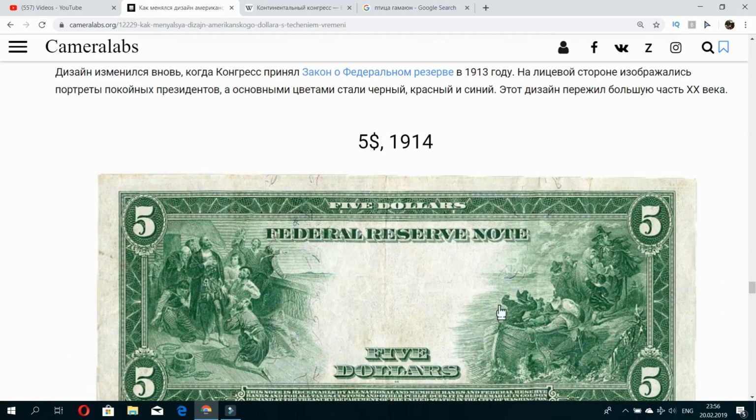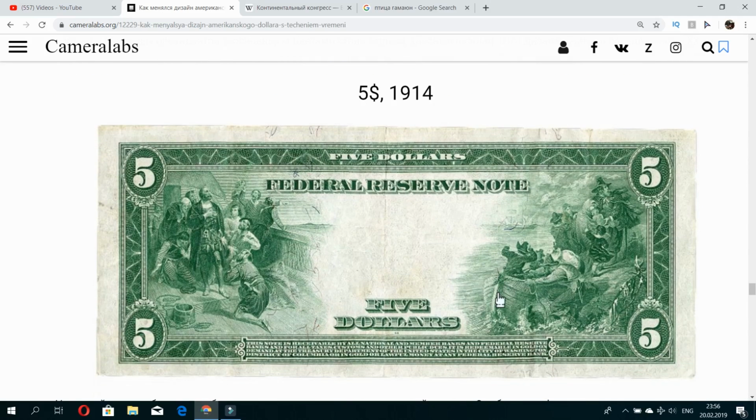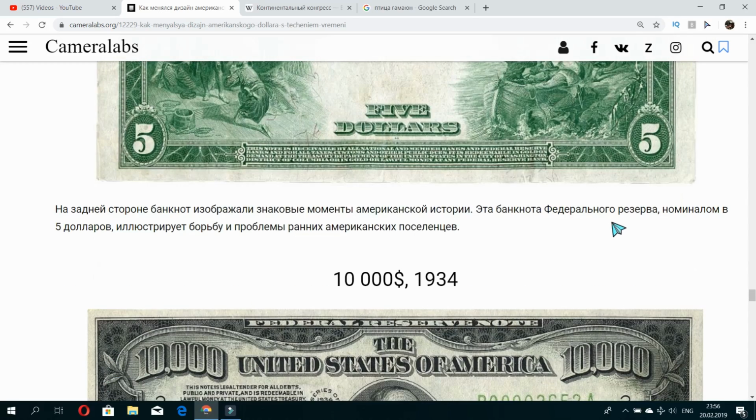So the $5 of 1914, also a Federal Reserve note. So no more antique design, right? We see some type of sailors who don't look antique. They look like they have medieval clothes and stuff like this. So it's probably 17th century clothes, and they look like pioneers, the first settlers.